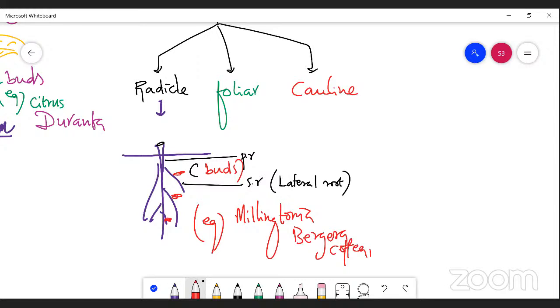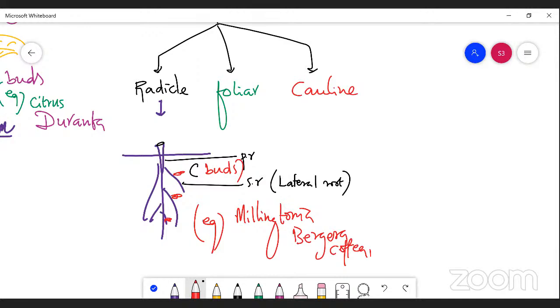But apart from that, these kinds of buds may arise from the lateral root of the plant body in the case of Millingtonia, Bergera or Coffea arabica. So these are examples of radical buds.